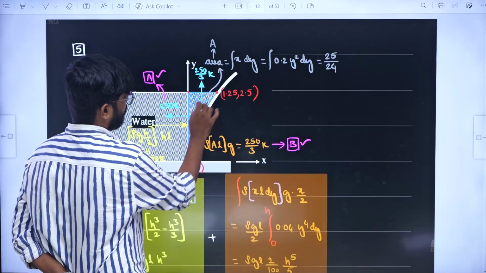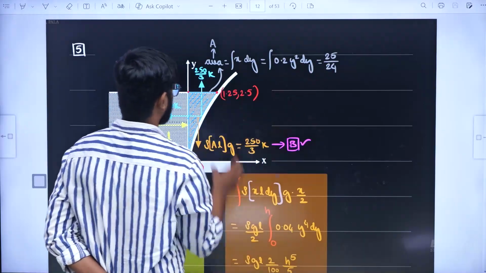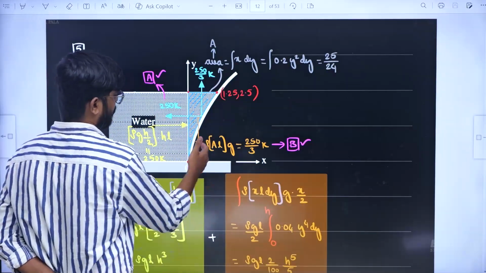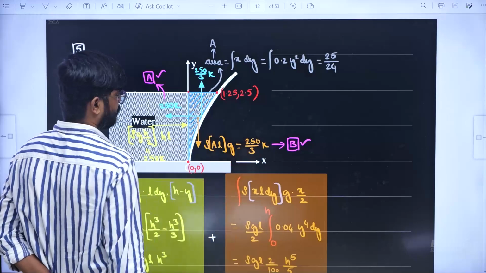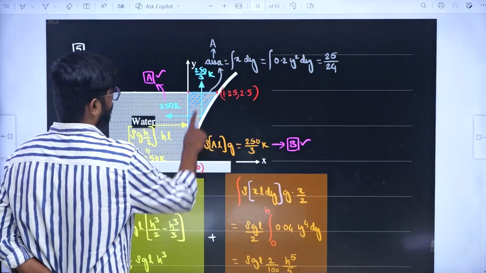So the area of that element is going to be x dy. If I integrate, I will get the total area. If I multiply the total area with the length inside, I will get volume. If I multiply by the density and g, I will get the weight, right. So this weight will be balanced by the vertical component.